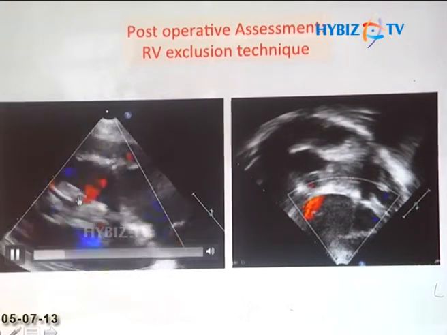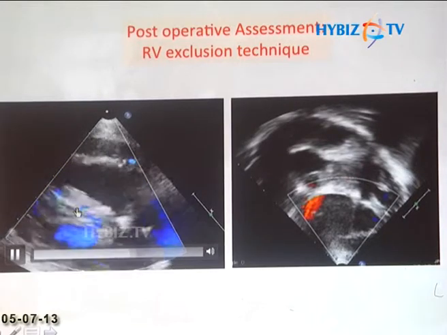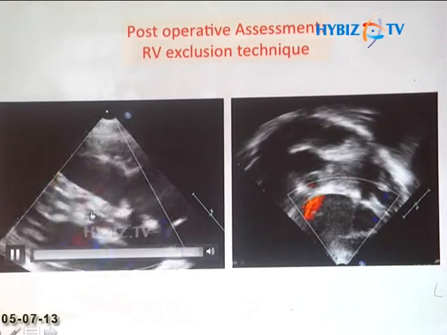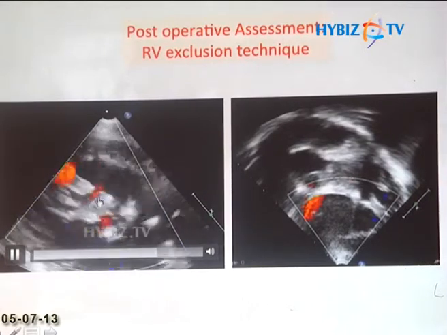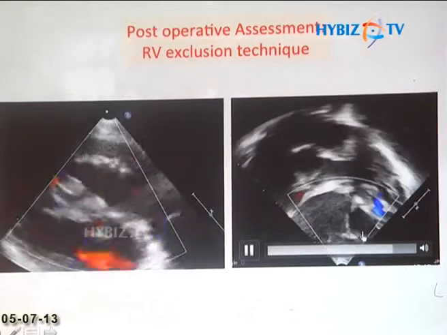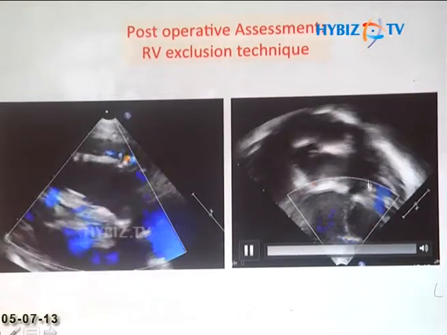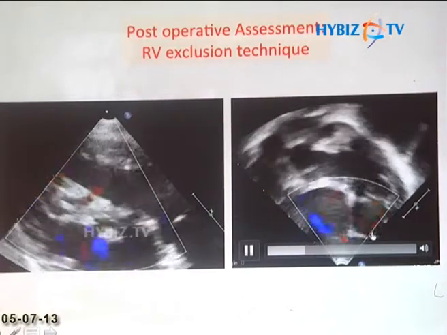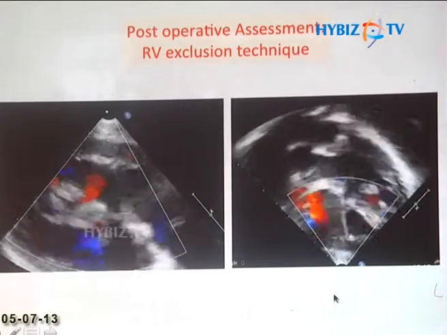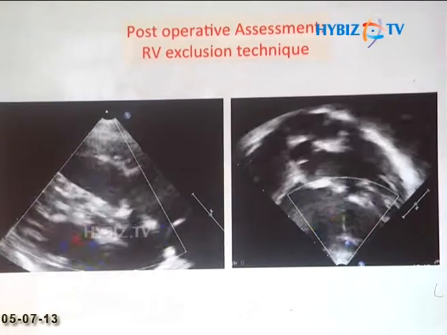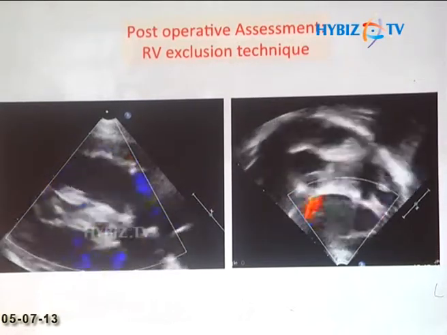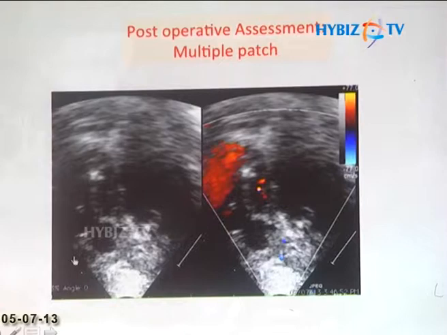We could not do the primary correction, hence our surgeons preferred to do the RV exclusion technique. Here you can see part of the right ventricle is excluded. This is the right ventricle which is excluded. All these VSTs are opening into a third chamber here. I don't know if this is a correct surgery or not, but the child did extremely well after a little bit of 1 or 2 days of heart failure, and then came for follow-up.